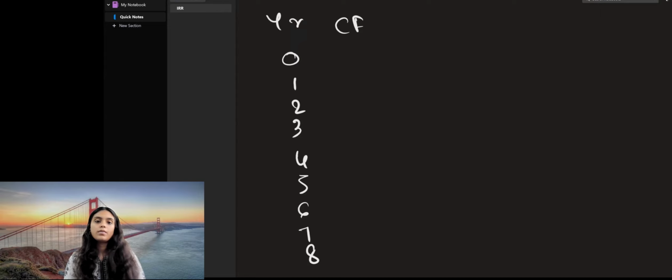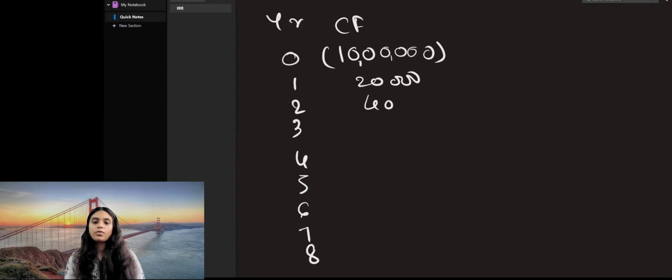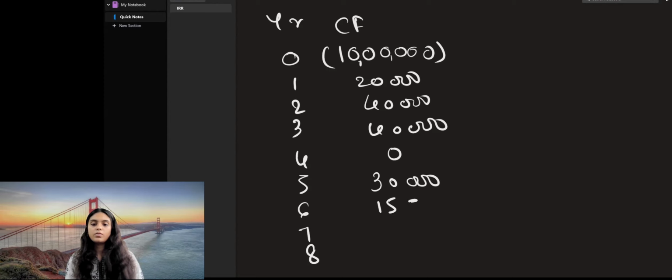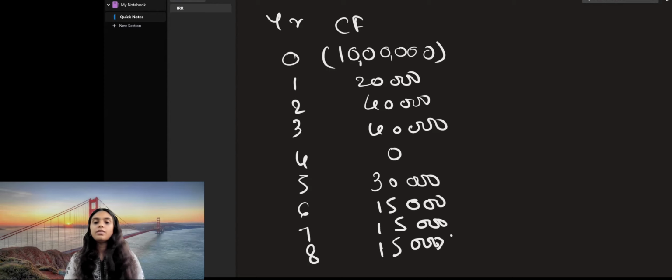Cash flows are 10 lakh, obviously negative, then 20,000, 40,000, 40,000, 0, 30,000, 15,000, 15,000, and 15,000. So now you see we have got some uneven cash flows that we have to calculate.